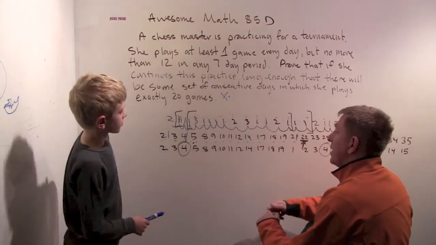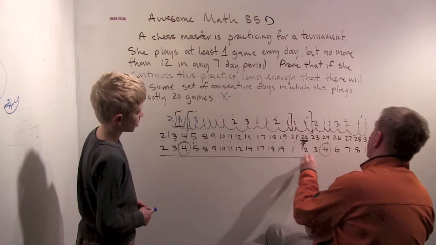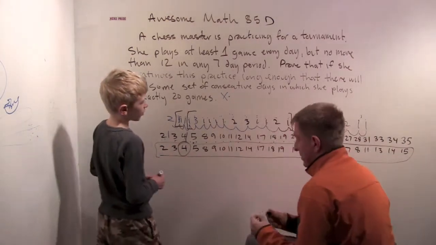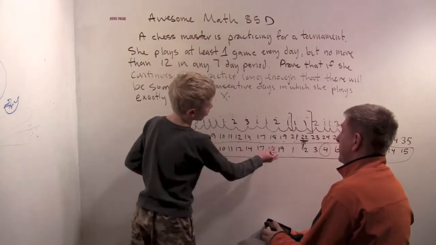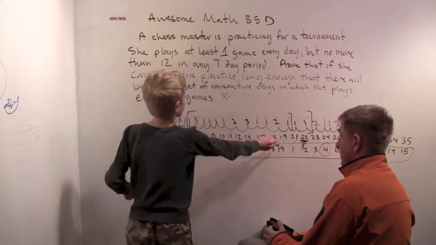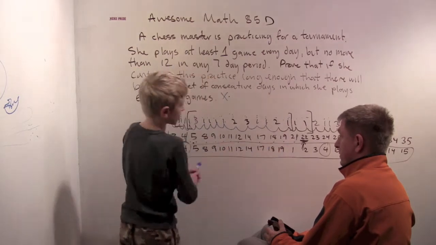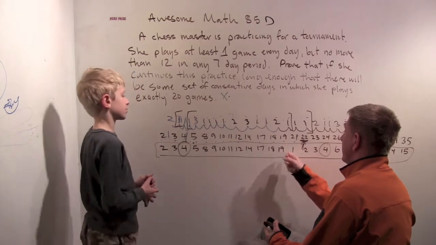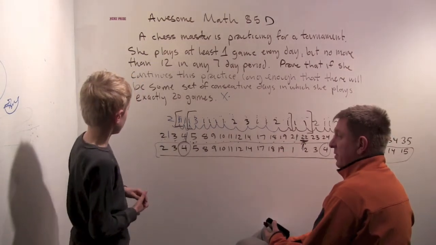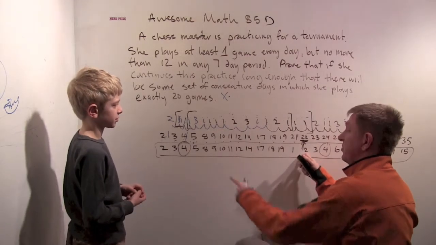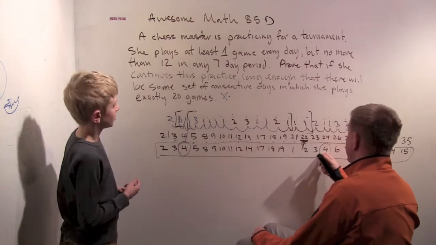Well, when I look mod 20, why in this row here do I eventually have to find two numbers that are the same? Because when you get to 20, you go to the next game. So I skipped over 20, I went from 19 to 1. I didn't have a 1 before, but I eventually found a place where I had a 2 before, and a 3 before, and a 4 before, and an 8 before.